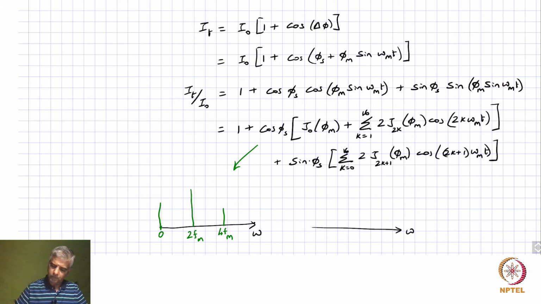And if I want to represent the odd terms, I'd say it starts from 0 here, and then you have some component at fm, some component at 3 fm, and some component at 5 fm and all that, right.